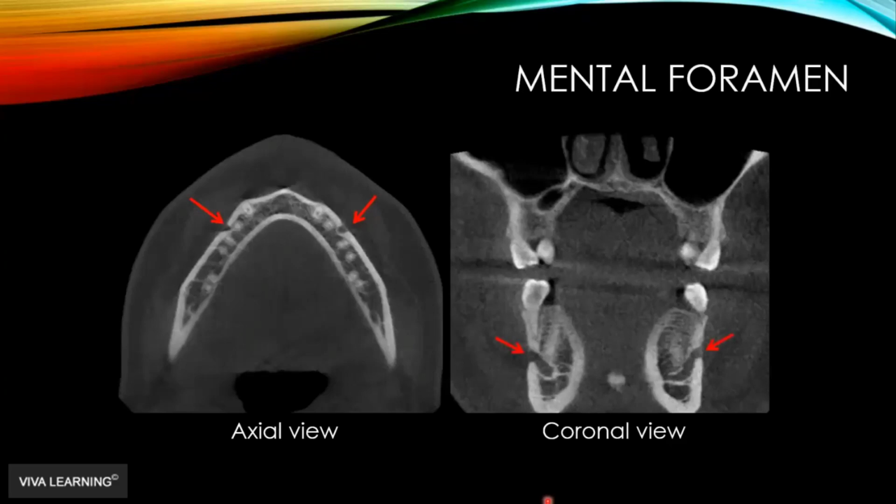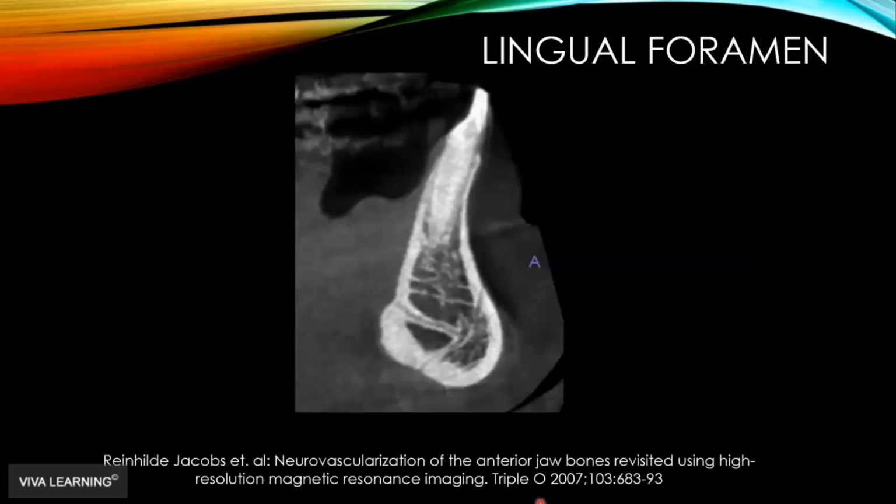This is what the mental foramen looks like. And then anteriorly, we have this little thing called the lingual foramen. And we're not 100% sure what's in there, if it's the terminal branches of the inferior alveolar nerve, or if perhaps there is a small branch of the lingual artery that goes in here.